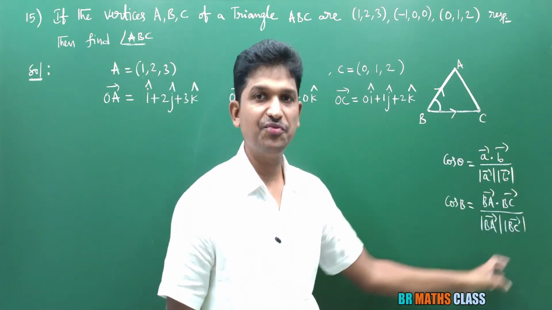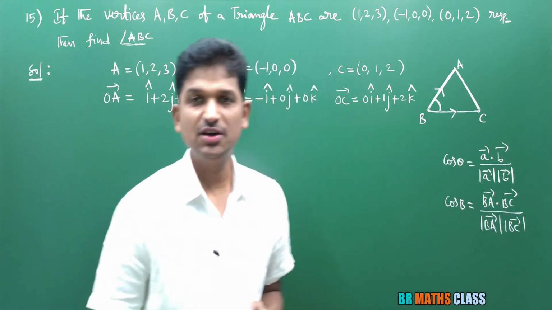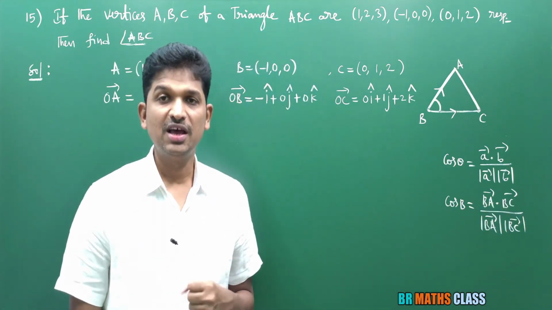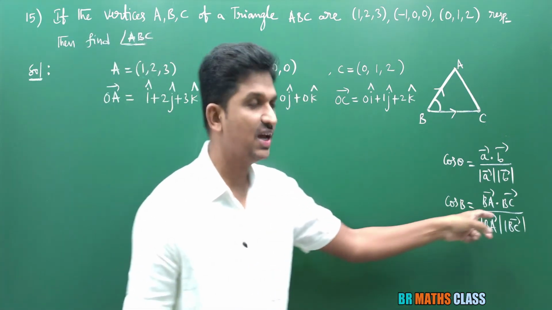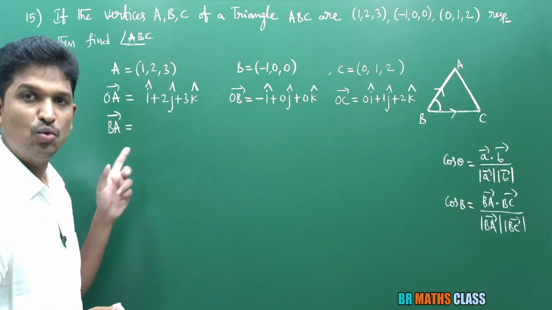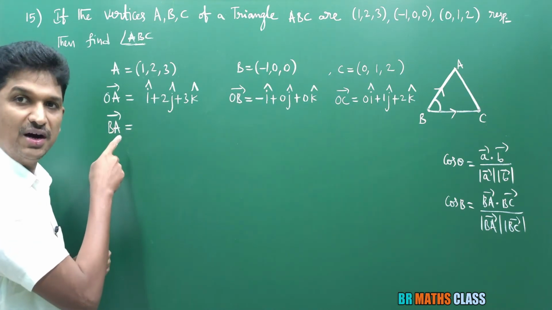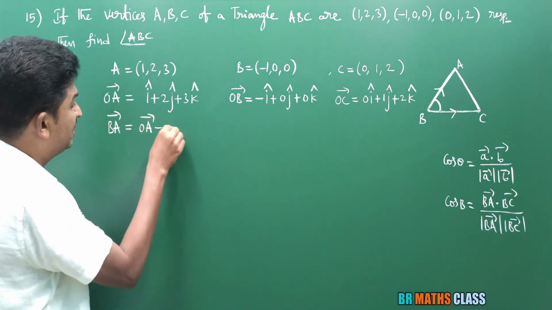To apply this formula, I need the vectors BA bar and BC bar, but in the question they are not given. As we know OA bar, OB bar, OC bar, we can easily calculate BA bar and BC bar. What is BA bar? BA bar can be written as OA bar minus OB bar.